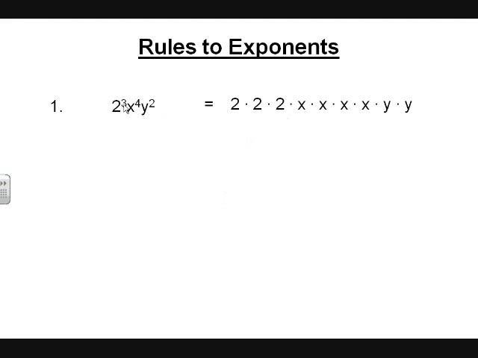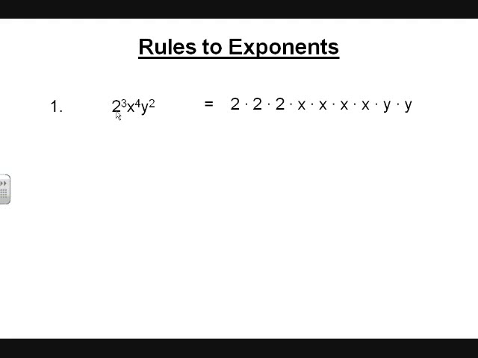2 to the third is 2 times 2 times 2. X to the fourth is x times x times x times x, and y squared is y times y. Now, just a quick thing on the fact that this 3 right here, the 4 and the 2, these are called exponents. And then the exponent is always attached to a base.